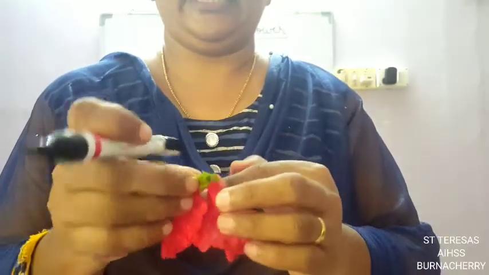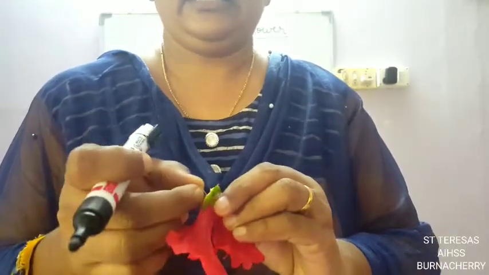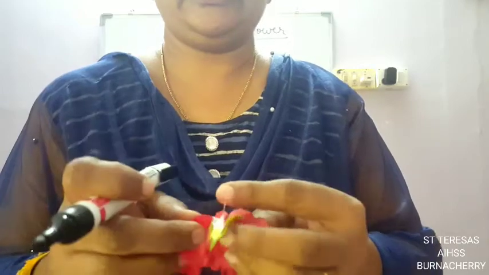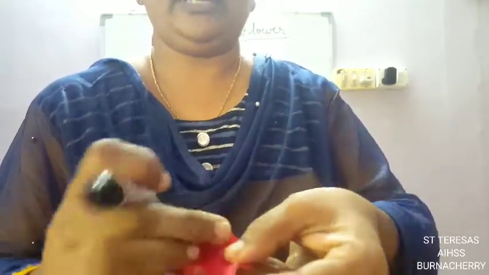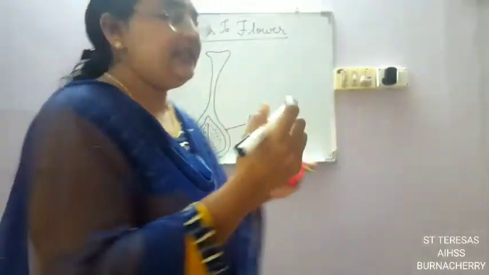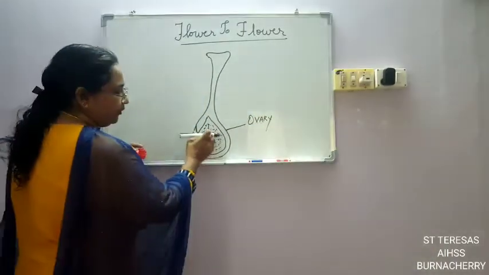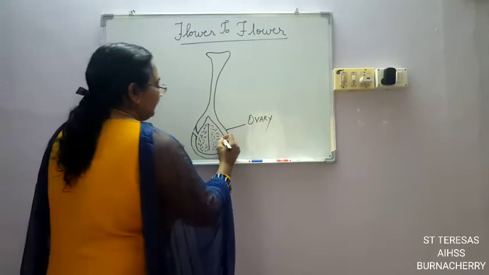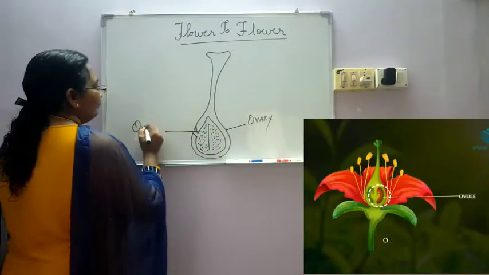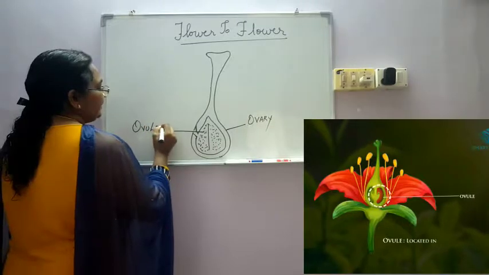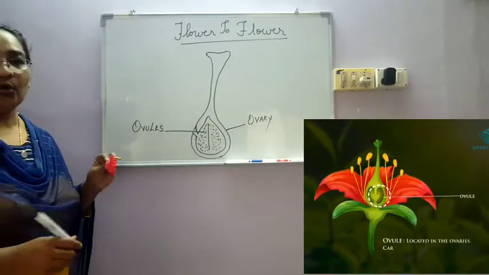The ovary is connected, and from the ovary the tube is going and it is ending up till here. Inside the ovary here you can see small dots. These things are called the ovules.